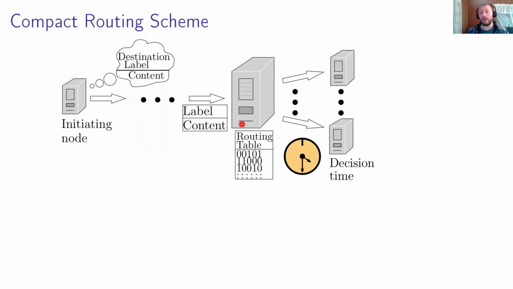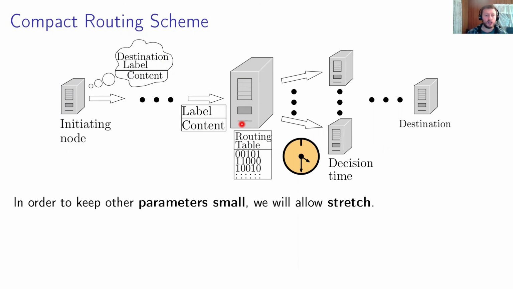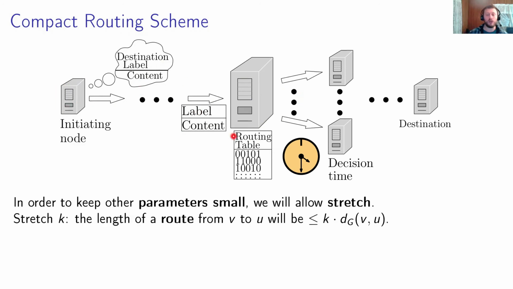And we want to make this decision fast. And eventually, hopefully, the packet will actually reach the destination. So in order to keep all other parameters small, we'll allow some stretch. Specifically, instead of requiring that this packet go from the initiating vertex to the destination on the shortest path, we'll allow it to go on a path which is at most some factor k times larger.